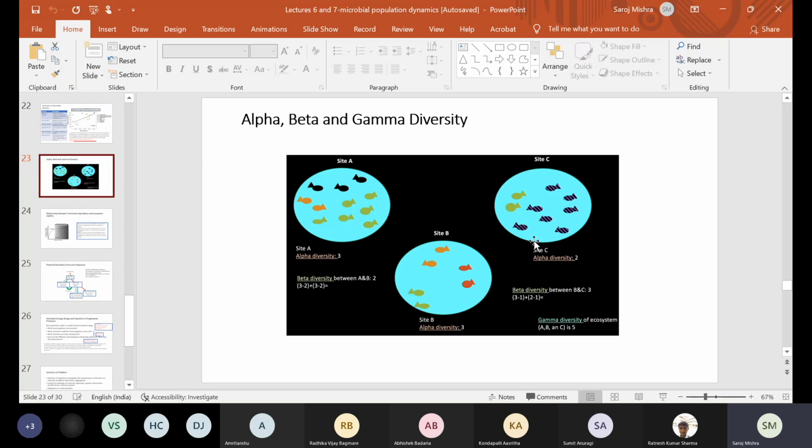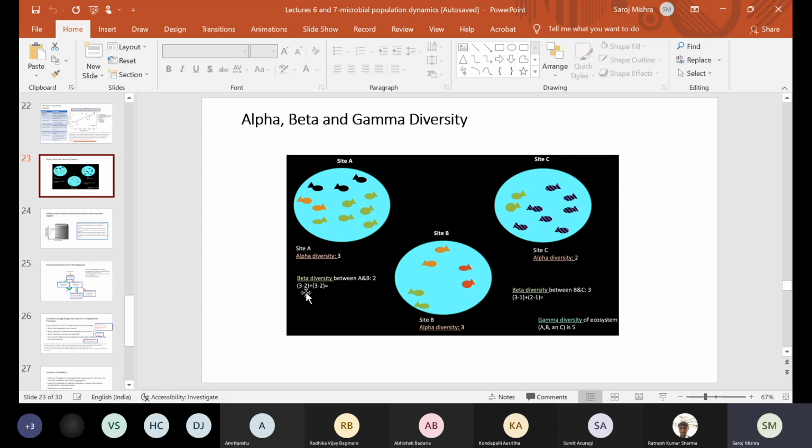When you look at the beta diversity, beta diversity is always a comparison. So here it is between site A and site B. So it is difference. So in this sample, there are 3, out of which 2 are going to be common, because you see the orange one and the green one are common between A and B. So you say the beta diversity will be now 3, and then 2 are common, so you deduct that, 3 minus 2, plus in this side there are 3, out of which 2 are common.